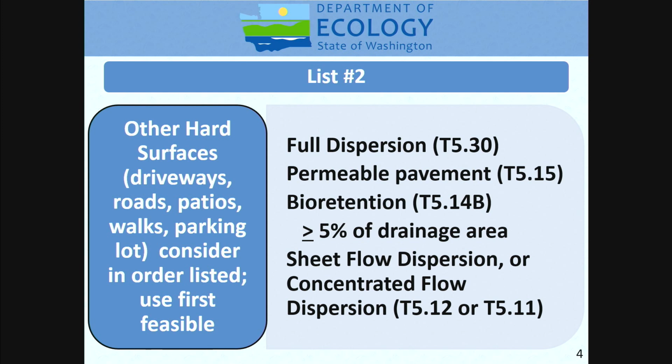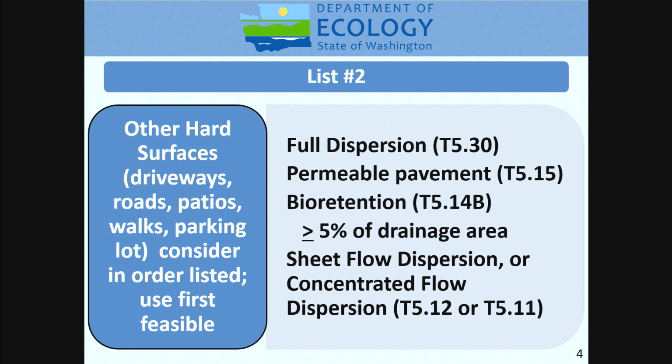So if you have too high an ADT for permeable pavement on the roadway, you still could use permeable pavement on your sidewalk. The fact that it's infeasible for the roadway doesn't make it infeasible for the sidewalk. You have to look at each type of hard surface independently.